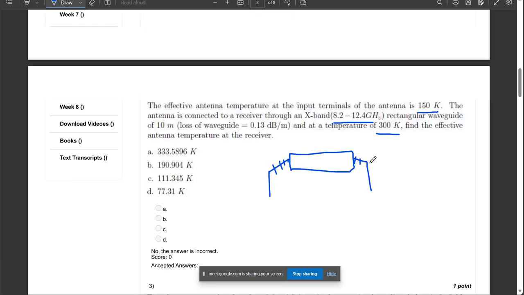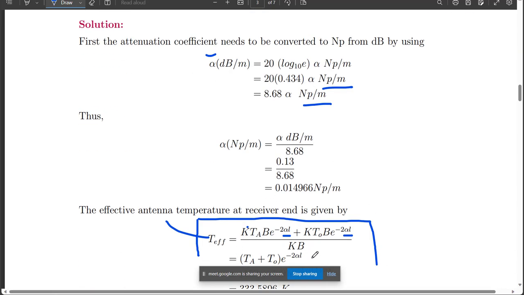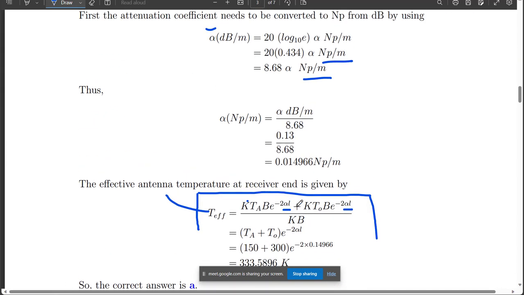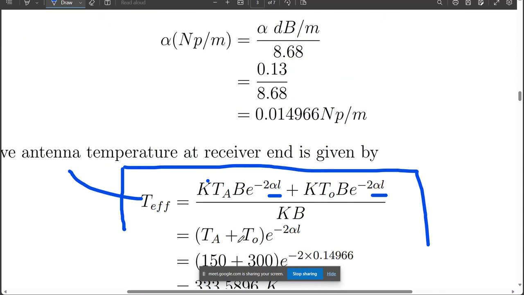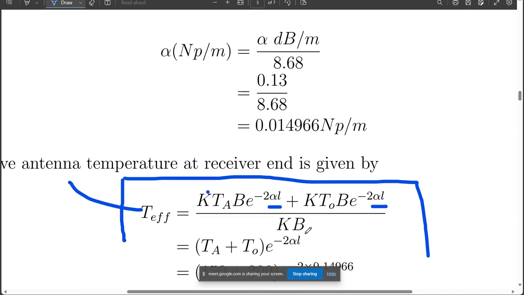The length of the rectangular waveguide was 10 meters, so here the value of L will be 10 meters. You know TA, you know T naught, you know the value of alpha in Nepers per meter, you know the value of L.